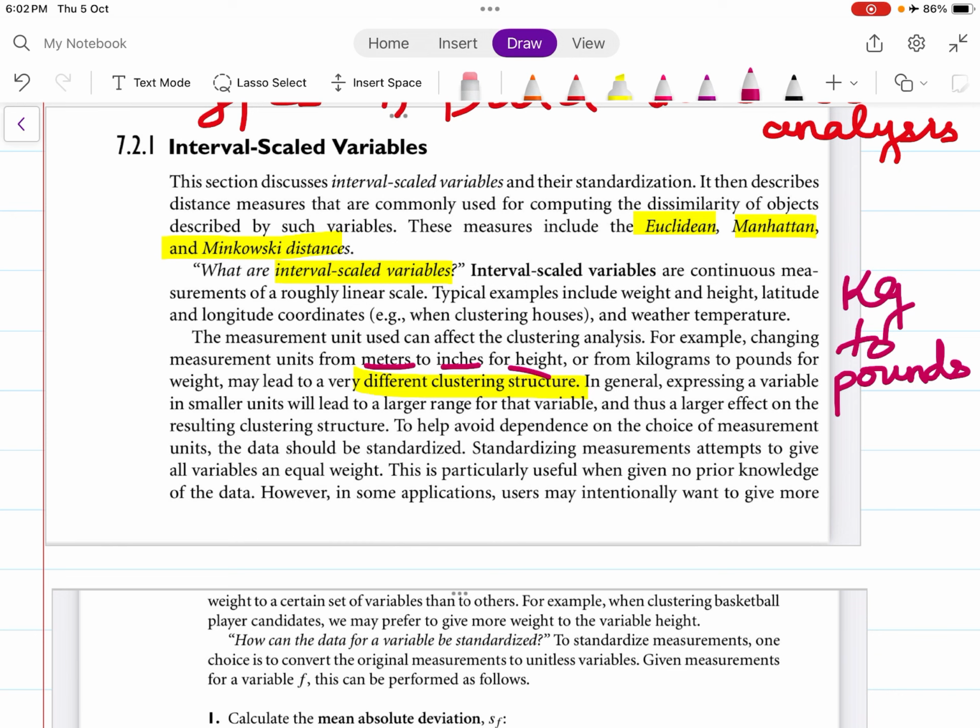In general, expressing a variable in smaller units will lead to a larger range for that variable, and thus a larger effect on the resulting clustering structure.